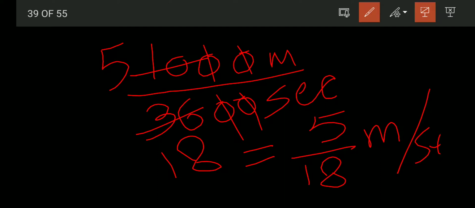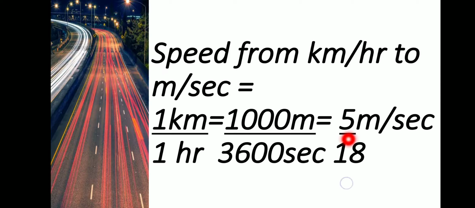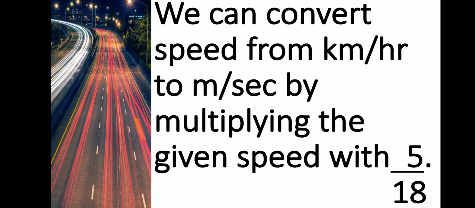Means when we converted kilometer per hour into meter per second, what we got? 5 by 18 meter per second. See here. Now let us see conversion.